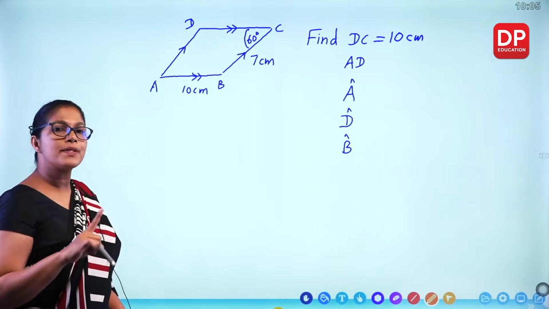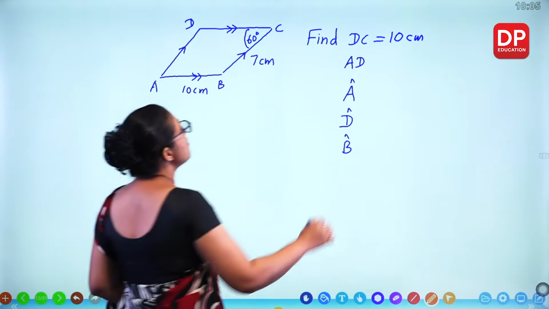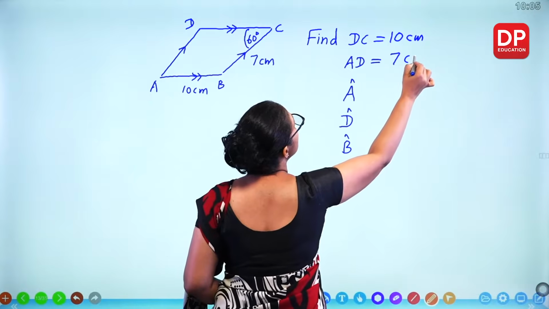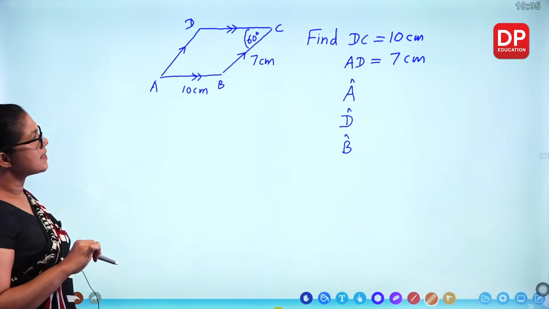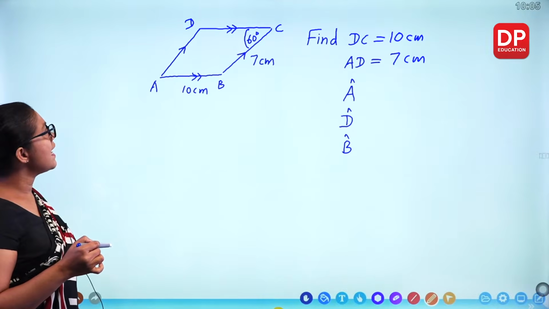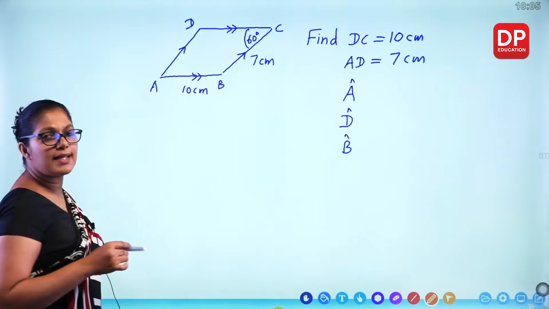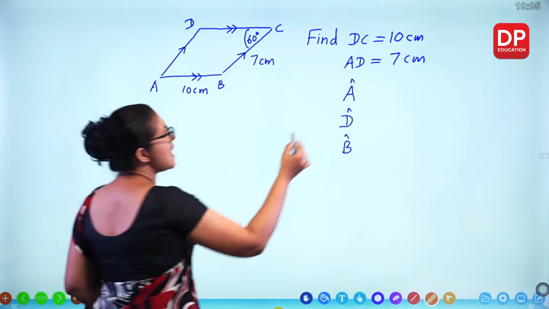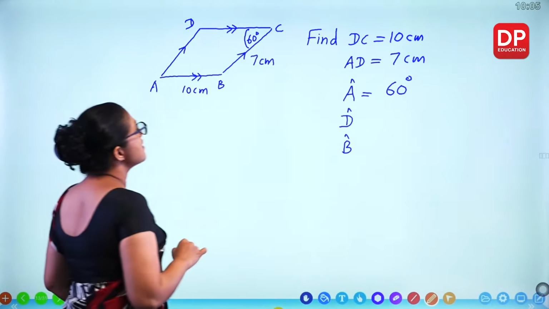AD is the opposite side to BC. I can write AD as 7 centimeters. Find angle A. Angle A is opposite to angle C. Opposite angles are equal. This is 60 degrees.